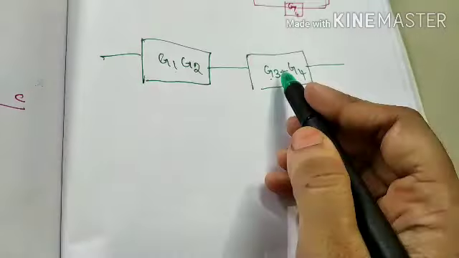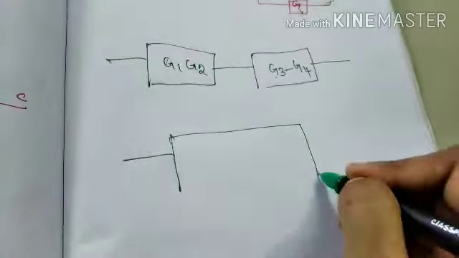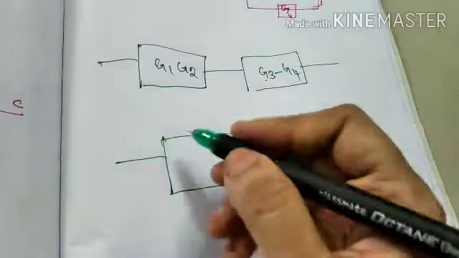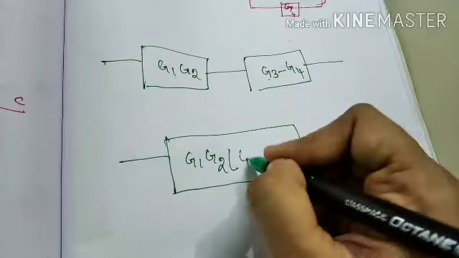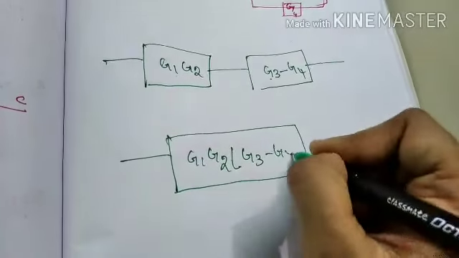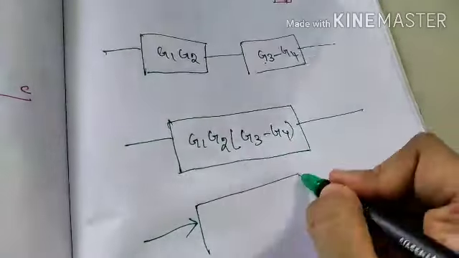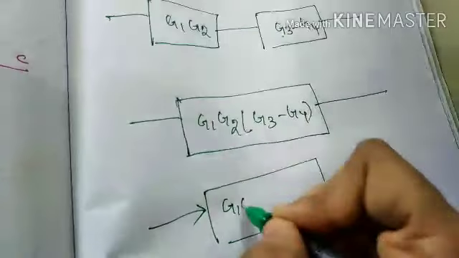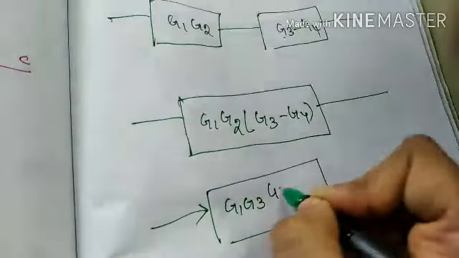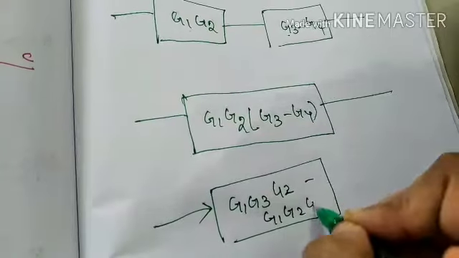Now see, these two blocks are in series. Now what may be the output? What may be the outcome of the final blocks? G1, G2 into G3 minus G4, right? We can write it as G1, G2, G3 minus G1, G2, G4.